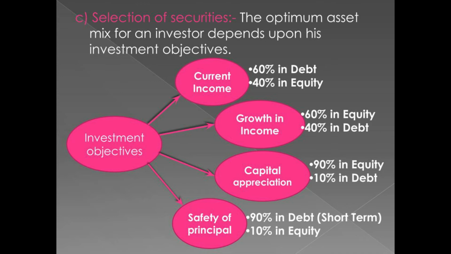If he is interested in growth, then 60% in equity and 40% in debt. And if he is interested in capital appreciation, 90% in equity and only 10% in debt. And if he wants to save the principal amount, then 90% in debt and 10% in equities.